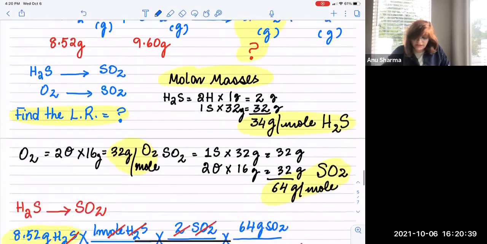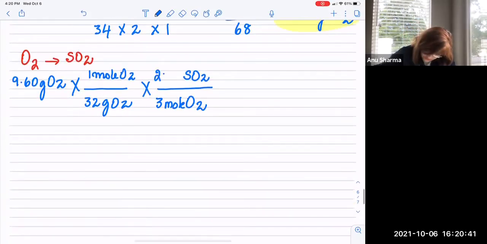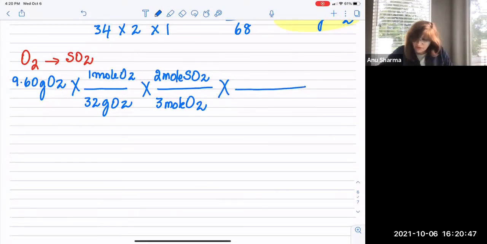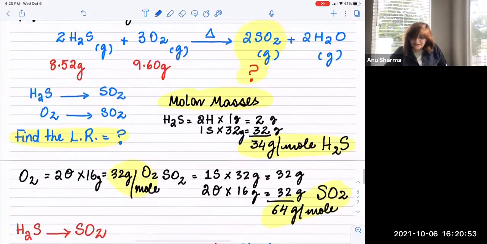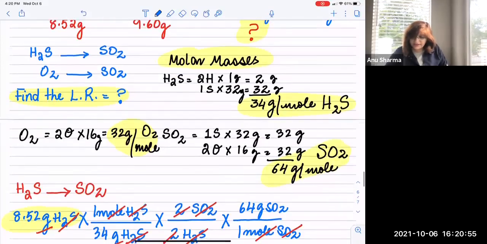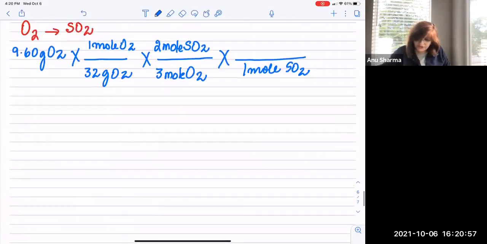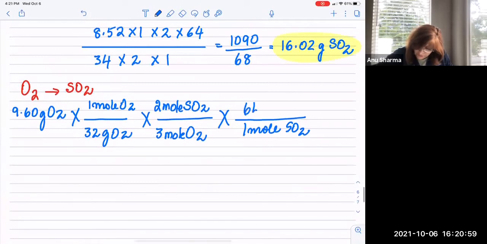So 2 moles of sulfur dioxide times, now 1 mole of sulfur dioxide is 64 grams. So put here 64 grams of sulfur dioxide.